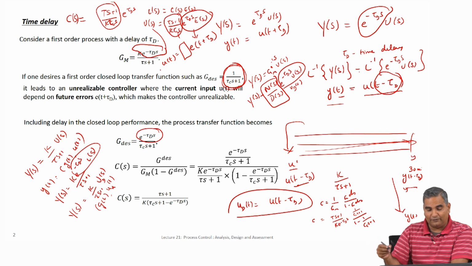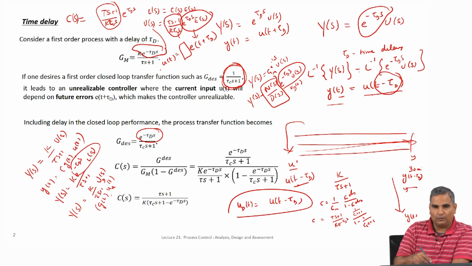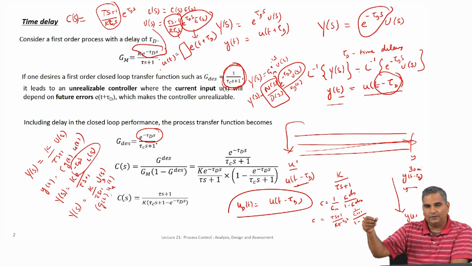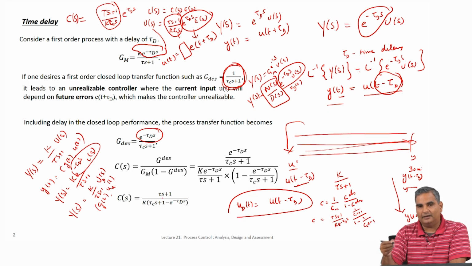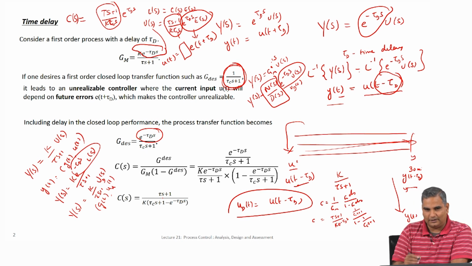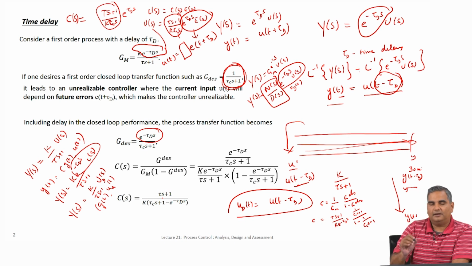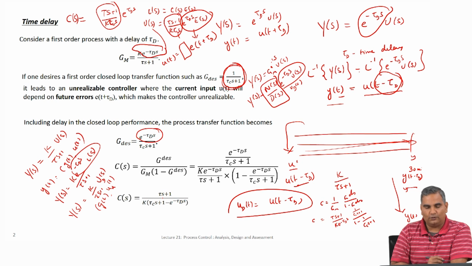The true process could have a time delay which is different from this, and the effect of what that will be we will see later, and it is the same process. You have to put the closed loop, the controller, once it is designed like this, the closed loop will have a process which might not have the same time delay, slightly different time delay, and then you can do the same analysis like what we did in the last class. So, that becomes now procedural, there is nothing new there, as long as you understand the distinction between a model for controller design and a process to be checked out in a closed loop diagram.